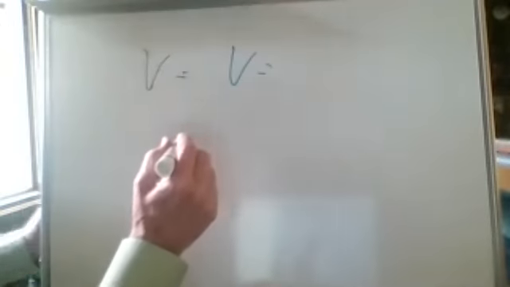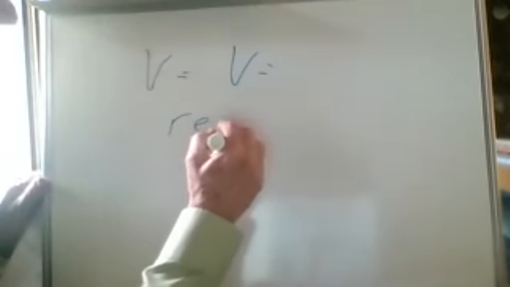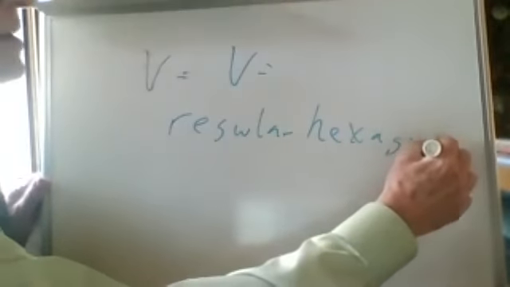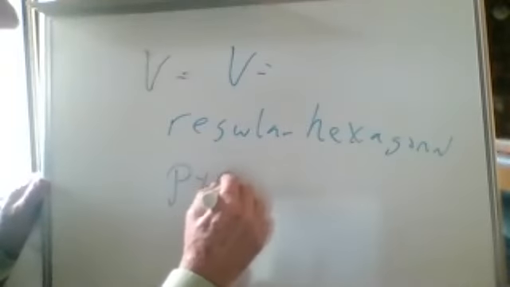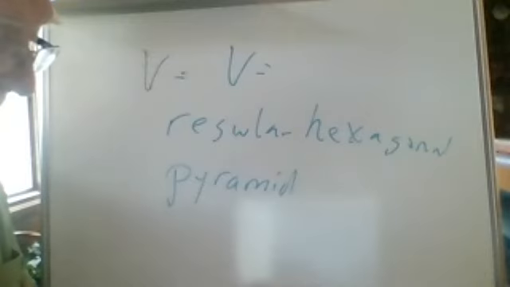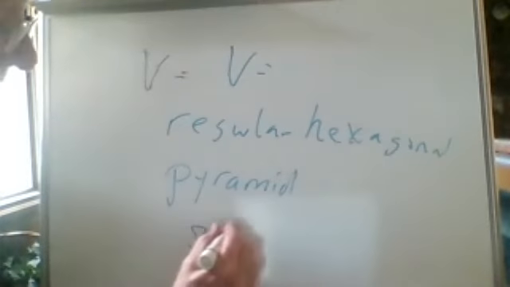A few more questions without pictures. This time we're looking for the volume of a regular hexagonal pyramid, if each edge of the base is 6 feet long.